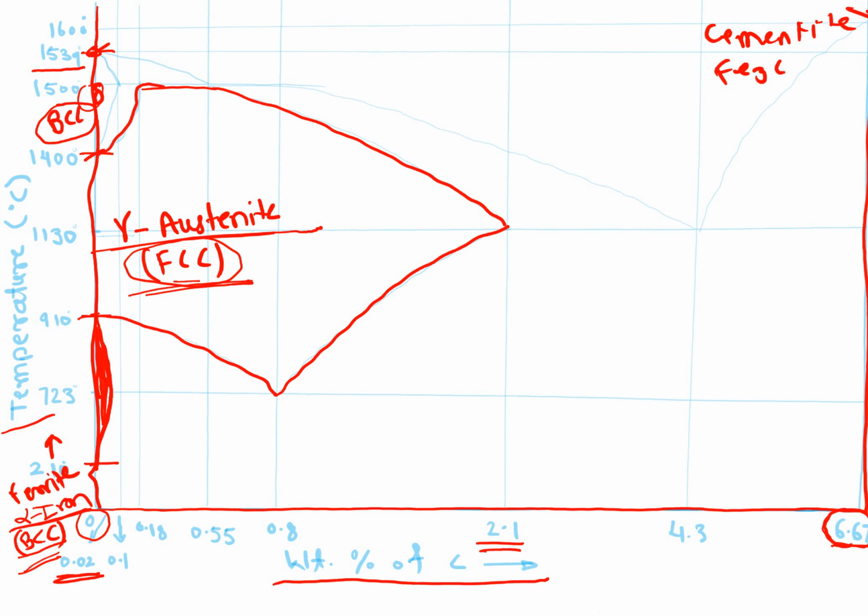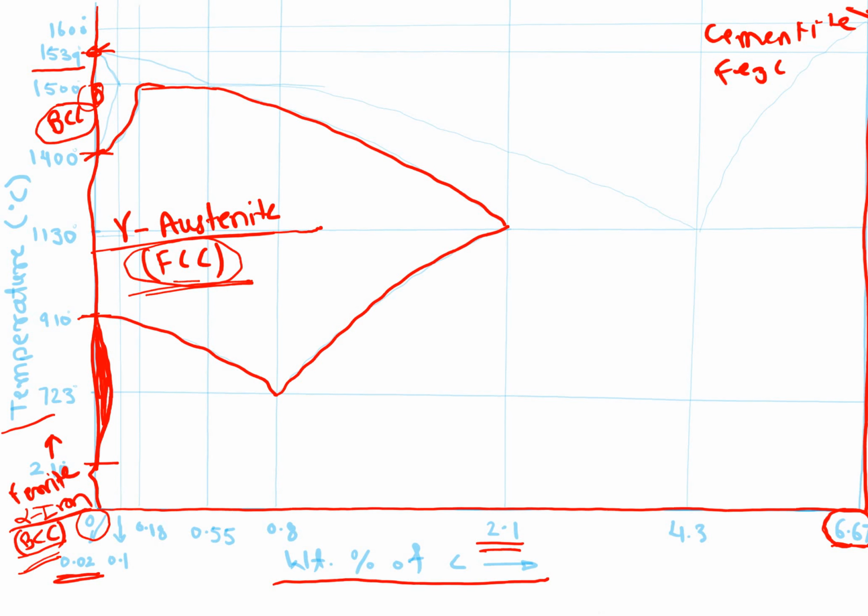This is the region in which gamma austenite is available. So the maximum solubility of carbon in gamma austenite is 2.1. Now you can ask why there is a difference in solubility of carbon in alpha and gamma ferrite. The answer is very simple. In BCC there is not enough space for carbon, but in the FCC crystallographic structure there is some extra space to get it dissolved into iron.